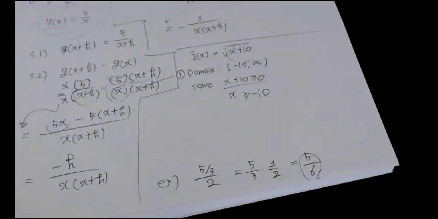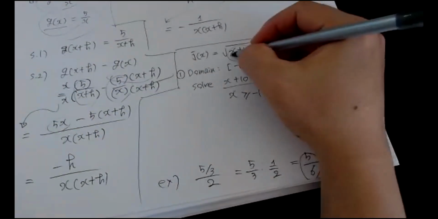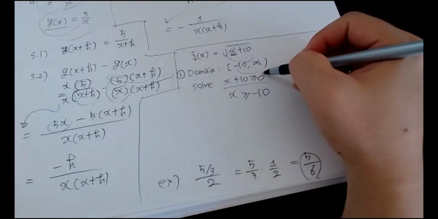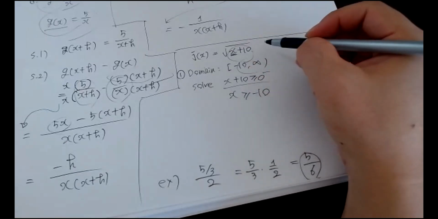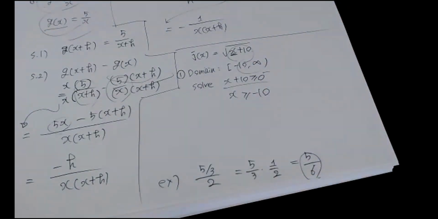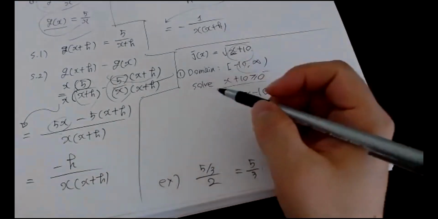What about the range? The square root term is always greater than or equal to 0. For any choice of x on that domain, the square root of x plus 10 must be greater than or equal to 0. Or simply think about this: can you find a number that makes the square root negative?